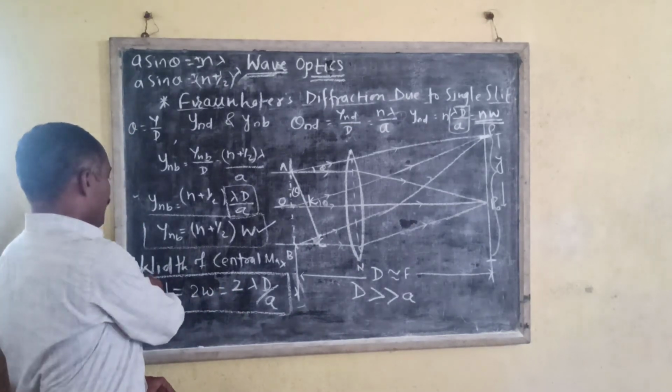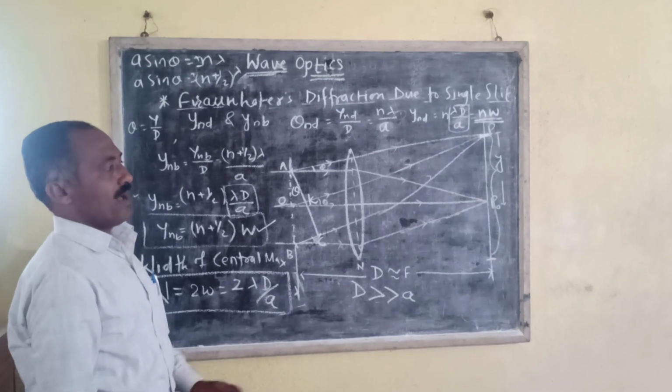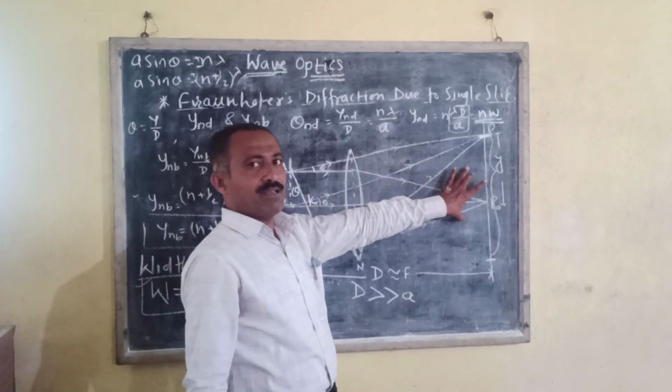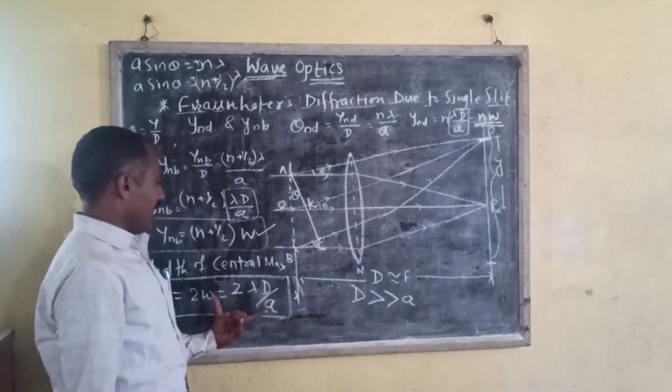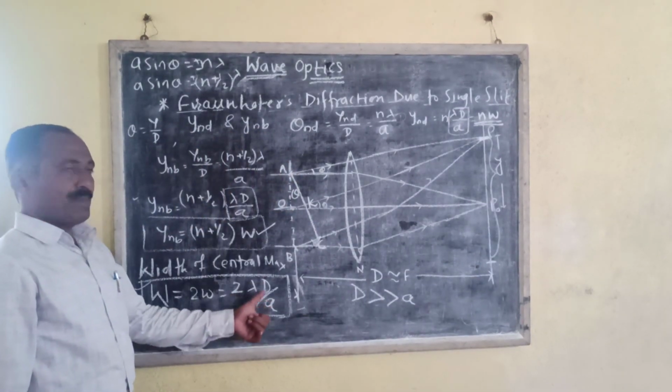This is the width of the central maxima, as the central maxima lies in between the first minima on either side, and we get the expression 2 lambda capital D upon a.